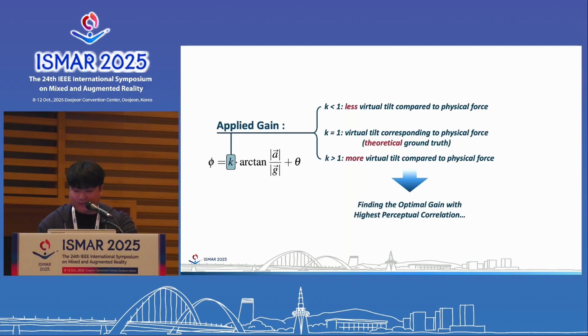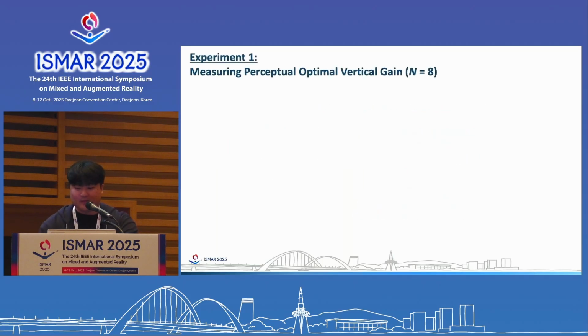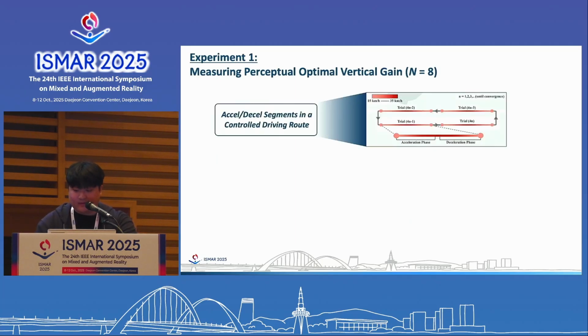In our study, we first aimed to find the empirically optimal gain with highest perceptual correlation through a separate user study. As such, we proceeded with experiment 1, or E1, in a controlled driving route with repetitive acceleration-deceleration segments.